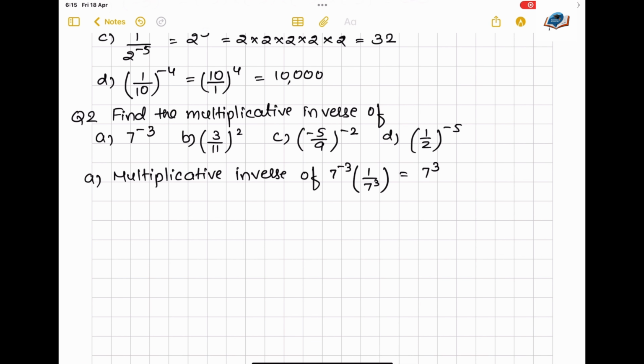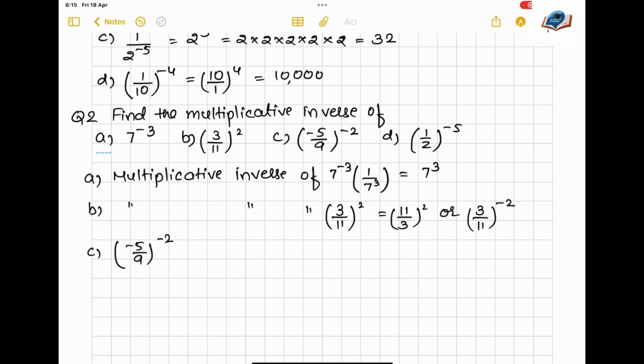Then B, the multiplicative inverse of 3 upon 11 whole square will be 11 upon 3 whole square, or I can write 3 upon 11 whole raised to minus 2. Then C is minus 5 upon 9 raised to minus 2.